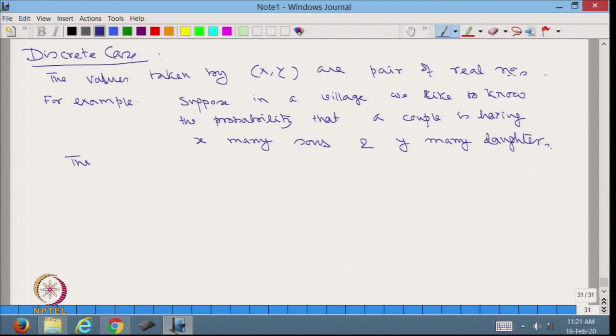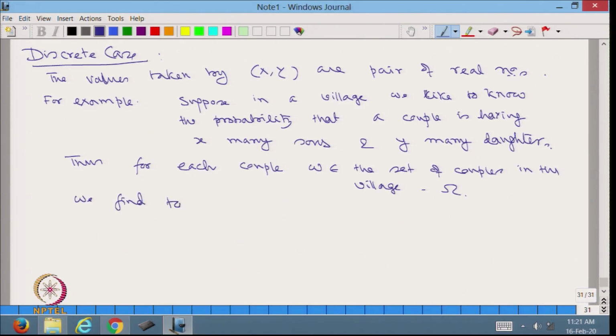Thus, for each couple omega belonging to the set of couples in the village, which let us call omega, we find two values: x of omega, the number of sons, and y of omega, the number of daughters.